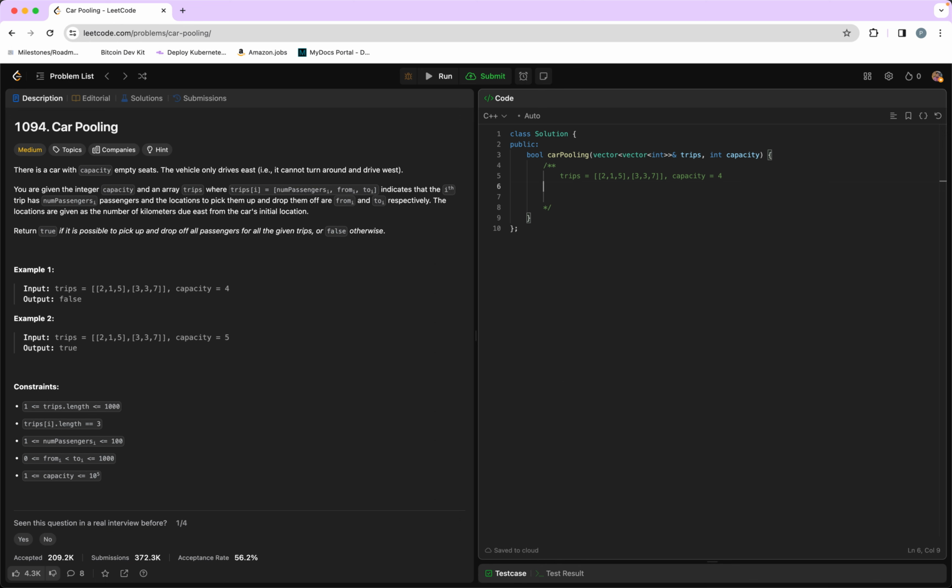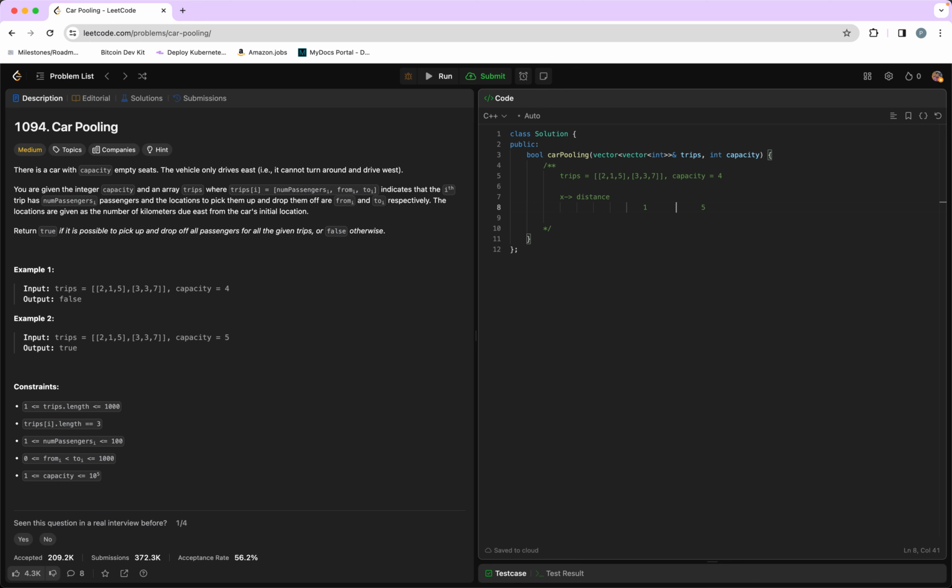So just like previously, we would be visualizing this entire problem with the help of a number line. So let's say my x coordinate represents the distance, right? And we are being given that the first trip would start at 1 and it would be ending at distance 5, correct?